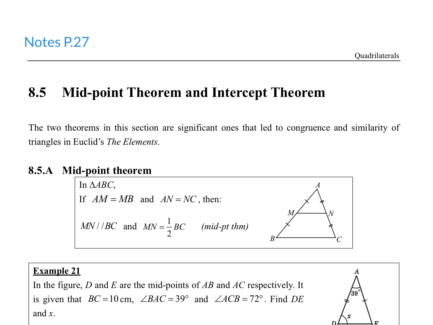So the given conditions, if I precisely summarize them in one statement, we have two midpoints in a triangle. So when you see this particular condition, please recognize that it is highly possible we are going to use the midpoint theorem.